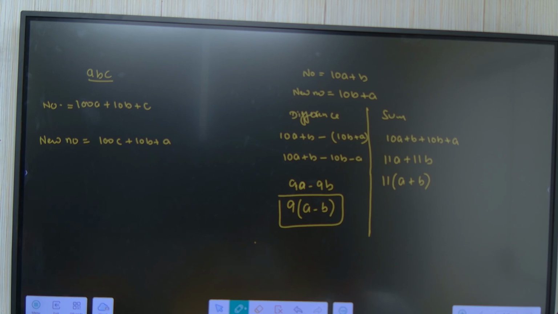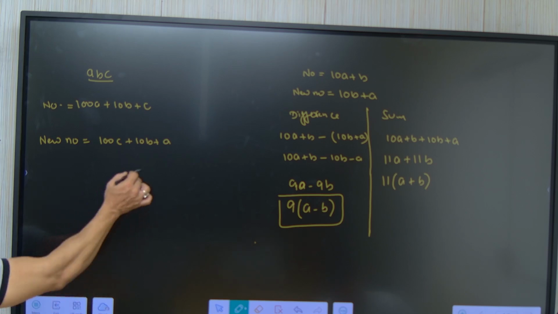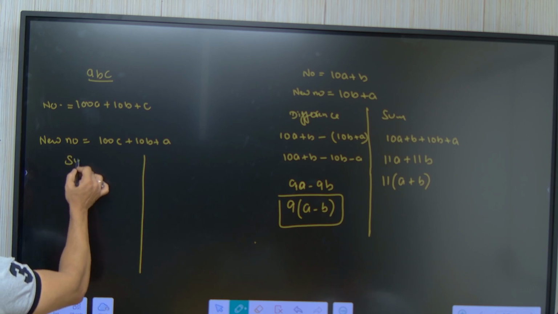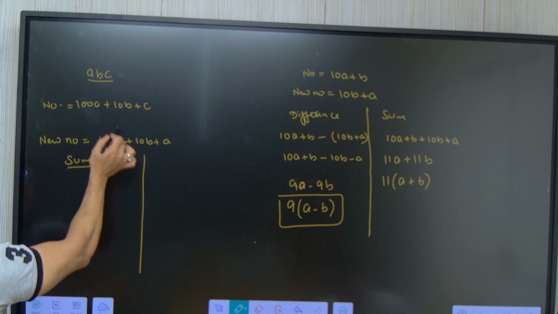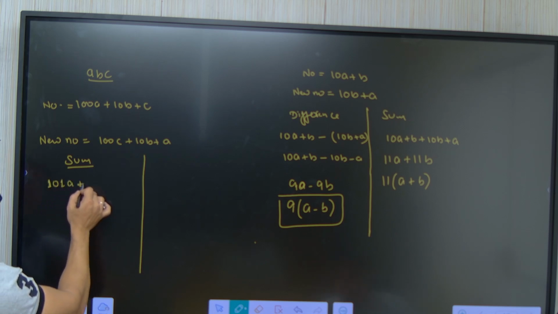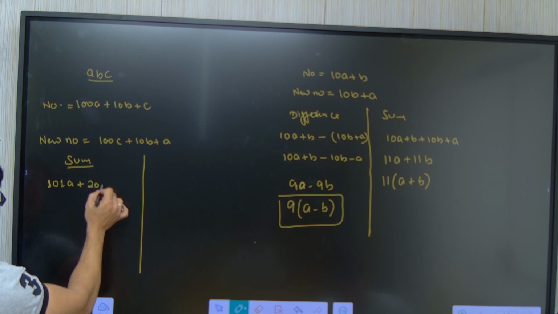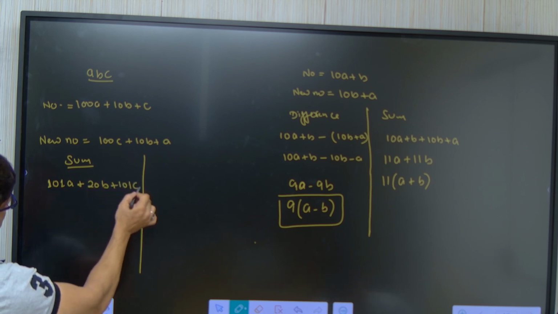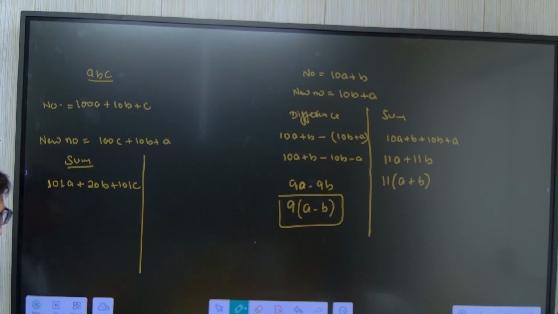Now, if you take the sum of these two, sum means you have to add them. When you add these, how much will it give you? 101A plus 20B plus 101C. Is there anything common coming out? Where is 101? Something must be common out of all three.